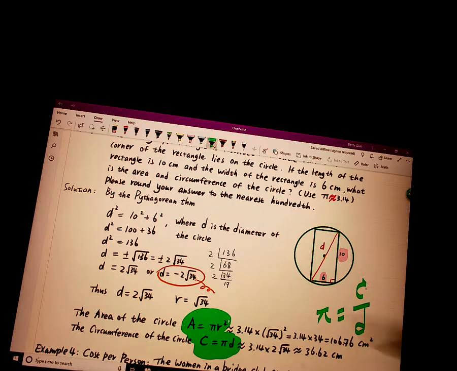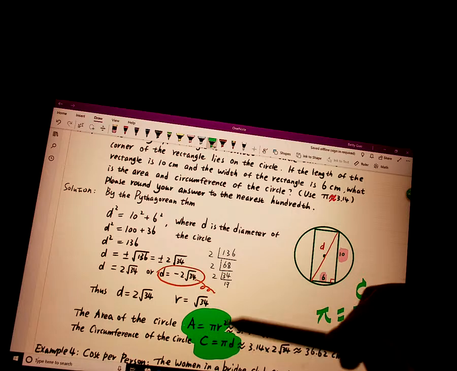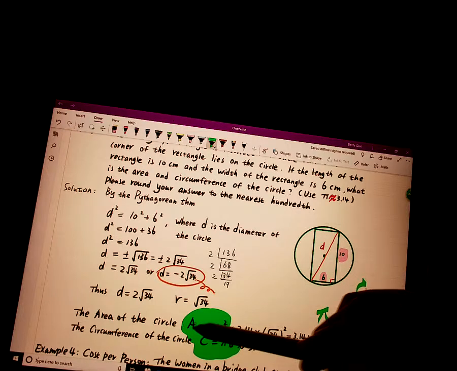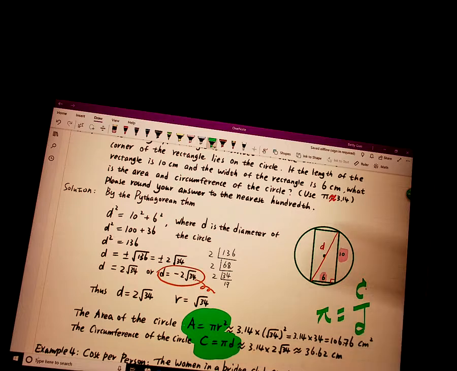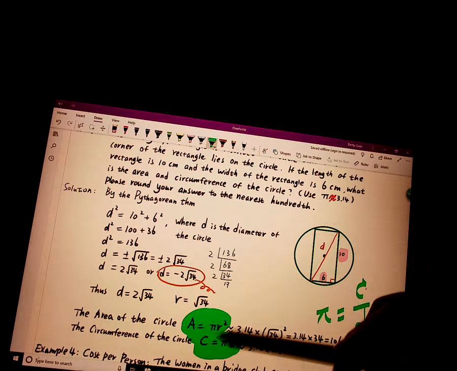And that constant is not rational. It is an irrational number, a non-repeating, non-terminating decimal. Okay, all right. So that's the formula. In order to find the area and the circumference of the circle, we need to know the radius for area and the diameter for circumference.